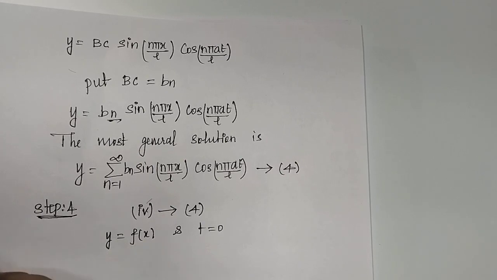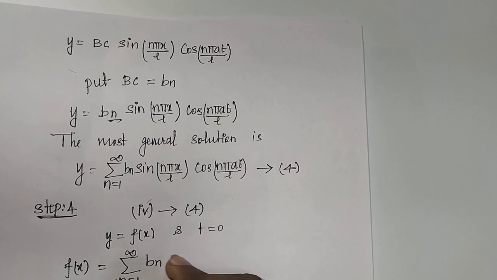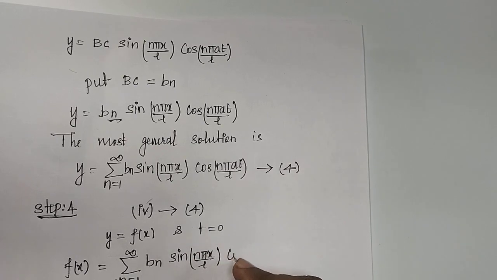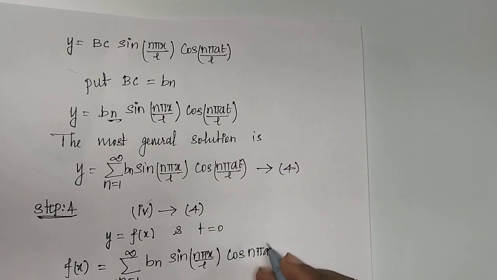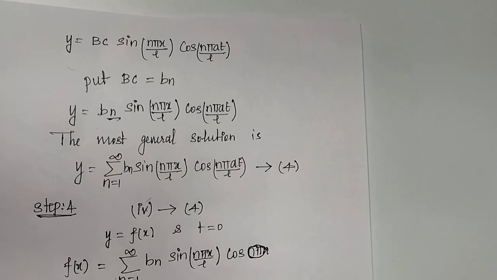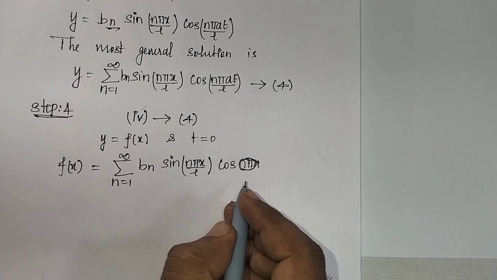On the left hand side I am writing y equal to f of x, and on the right hand side sum of n equal to 1 to infinity bn sin n pi x by L into cos n pi at by L. Here I am going to substitute t equal to 0, so this entire cos term is cos 0, which you already know is 1.